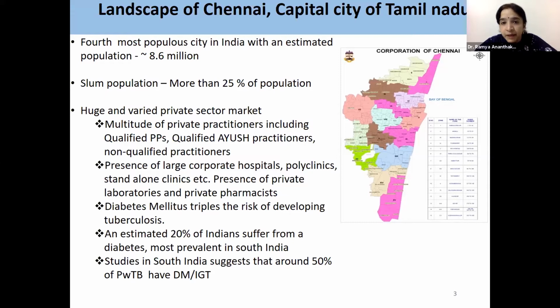But what was very important and interesting for us is that studies in our own setting suggested that around 50% of people with TB actually have diabetes or impaired glucose tolerance. So that was a very important comorbidity that needed to be addressed while we were addressing the problem of TB. Next slide.